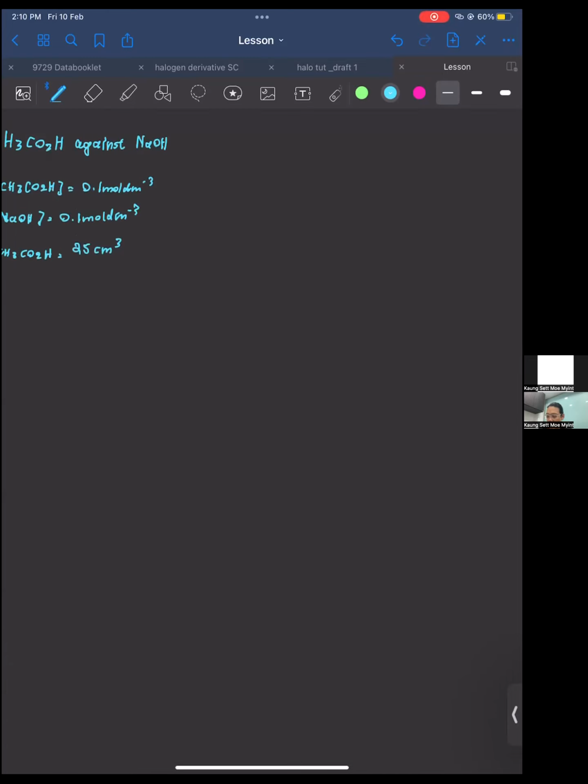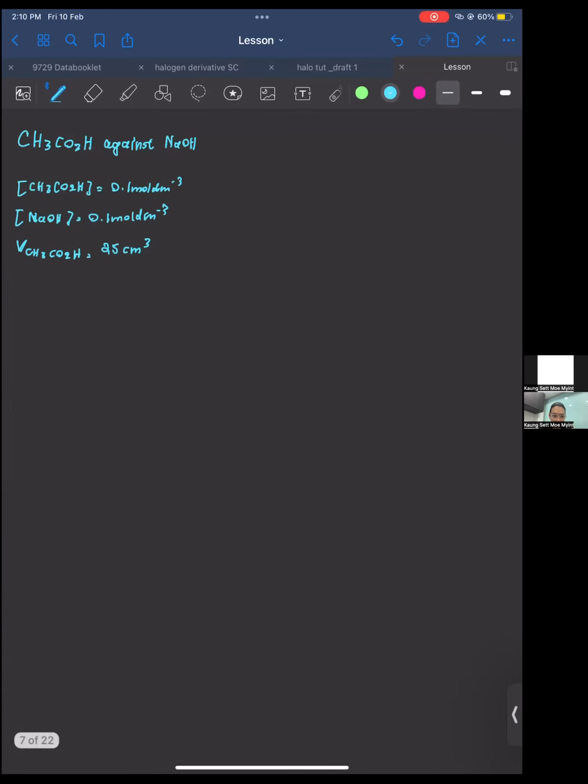Now, when you get a titration curve question, you must understand what you are doing. When we say ethanoic acid is titrated against NaOH, you must know who is being added to what, because that makes a difference. Whatever you see in front, something against something, the first thing is the species that is already inside the conical flask.